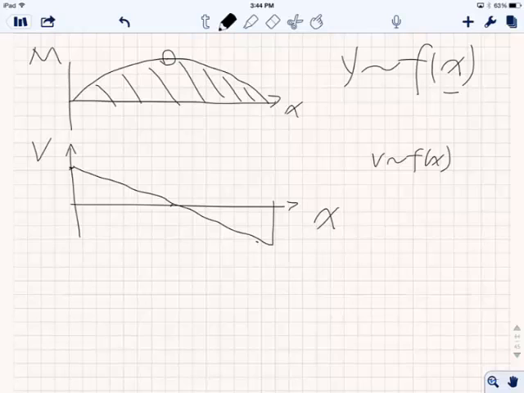For any straight line, I need to have 2 points to determine what's the line at any different x. In other words, I know this point over here: x is L divided by 2, y is 0, right? At this center point, x is L divided by 2, half of the length. The y-axis, which is the shear force, is 0.